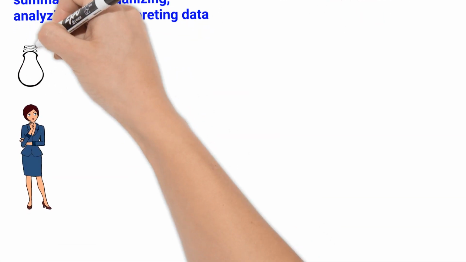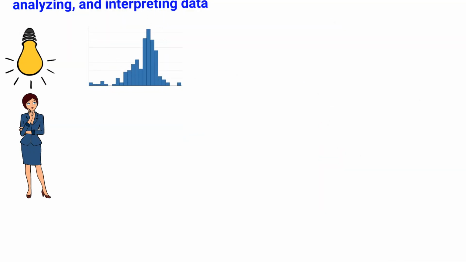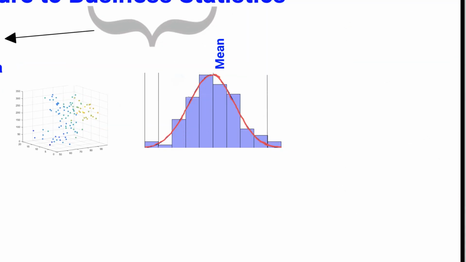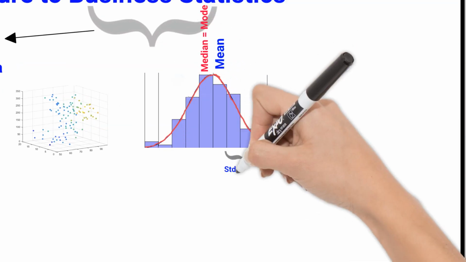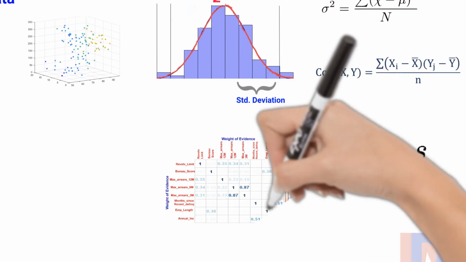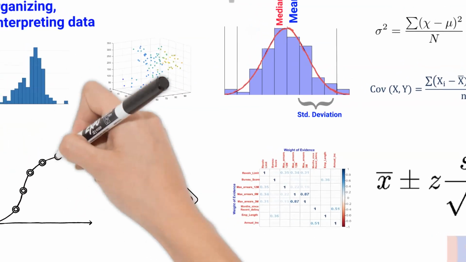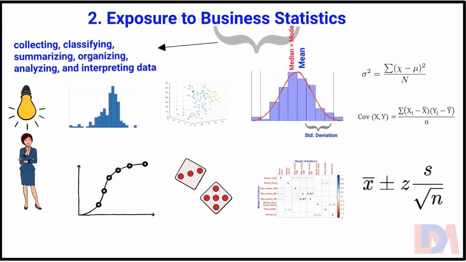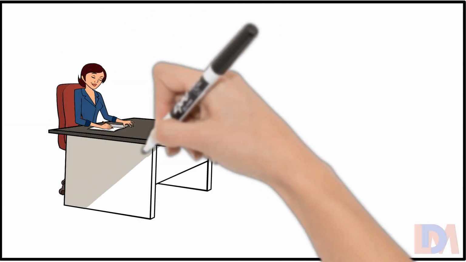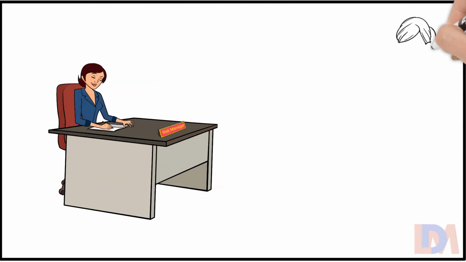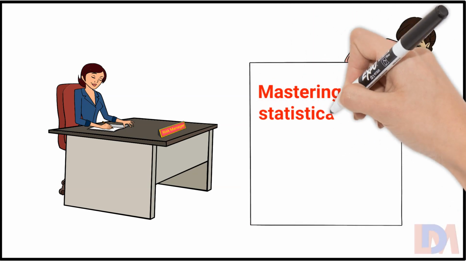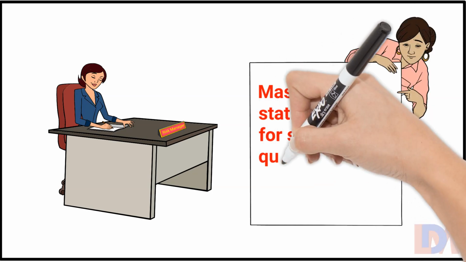A risk manager needs to understand histogram, scatterplot, normal distribution, mean, median, mode, standard deviation, variance, covariance, confidence level, correlation, probability theory, linear regression, etc. Mastering statistical terms enables a risk manager to make sound and quick decisions.